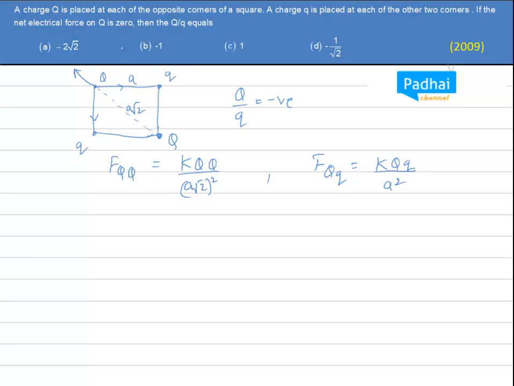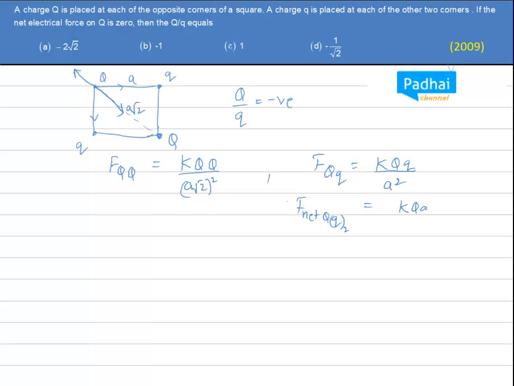Now this force will be in this direction and in this direction. Now we have to take the resultant of these two. The resultant of these two forces will be coming along the diagonal. So that means F net due to QQ, like two Q's basically, it will come out to be what?